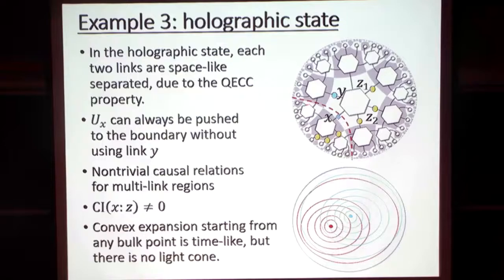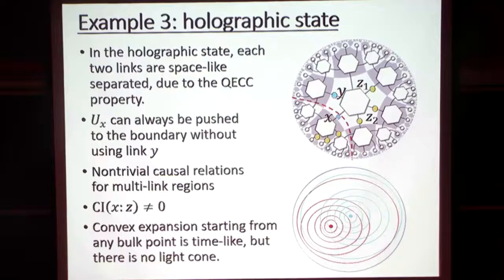So something very similar to that, of course, happens for holographic states. Now we understand that this mapping between bulk and boundary has quantum error correction properties, so it's not surprising that something very similar to the simple example happens. When you consider two links in the holographic tensor network and ask, if I do something here, insert a unitary, do I change anything there?